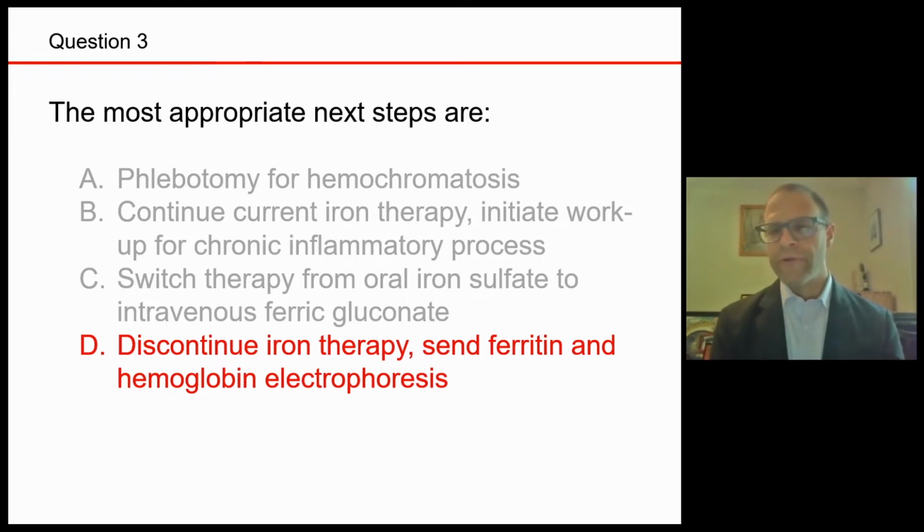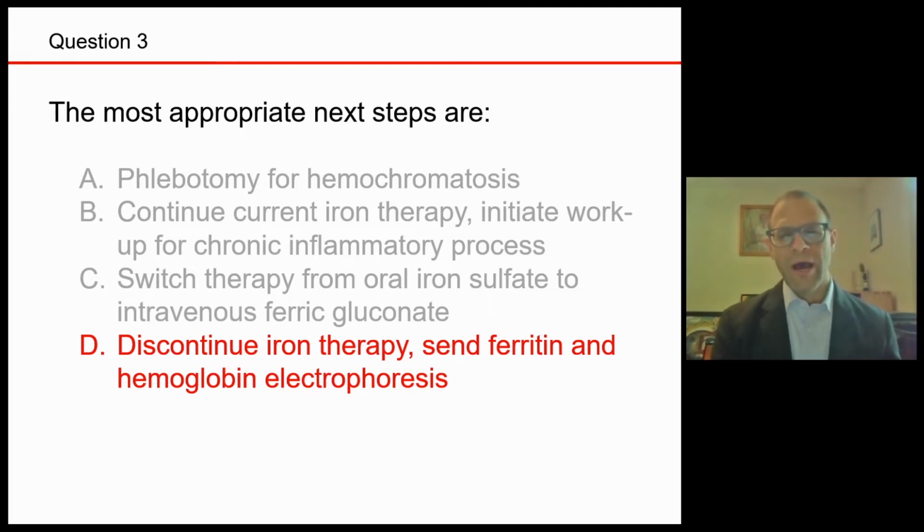And given their very mild anemia, they're probably just a carrier having a thalassemia trait instead of a thal major or a thal intermedia. And it would be important also to complete the iron studies with a ferritin, so we know what the iron storage is doing.